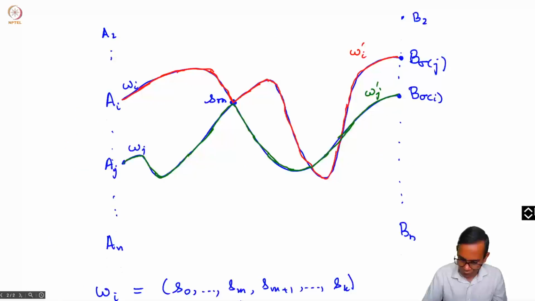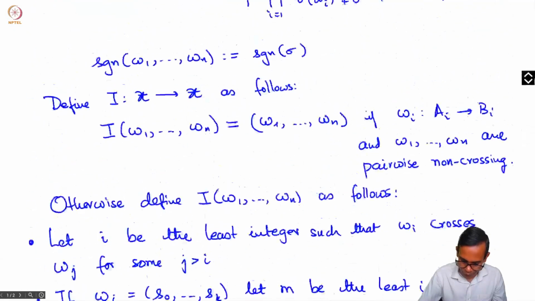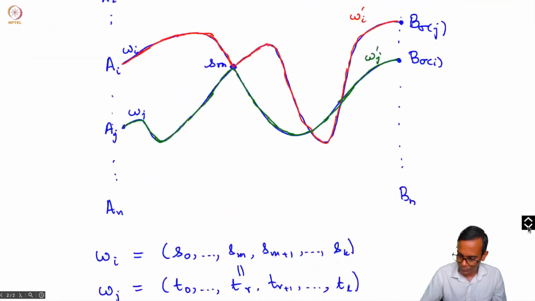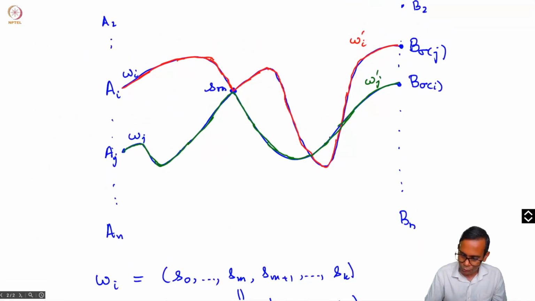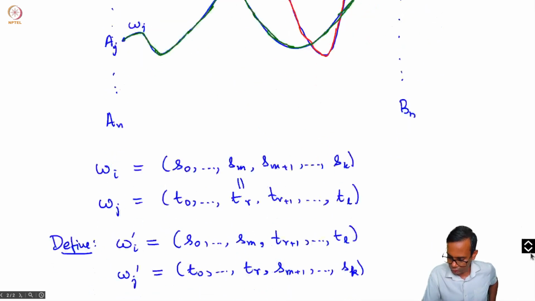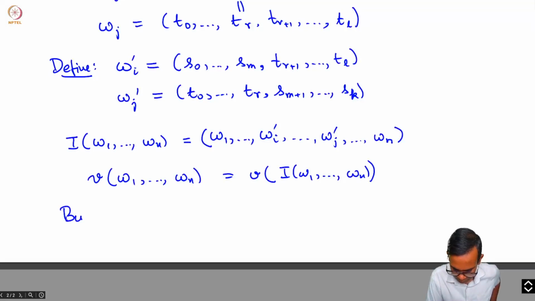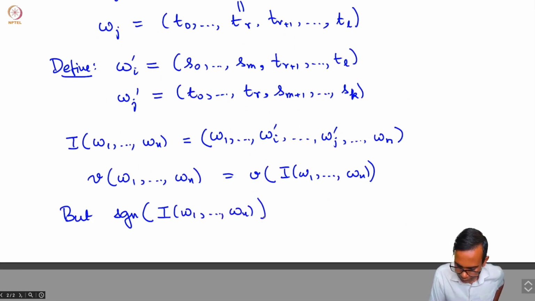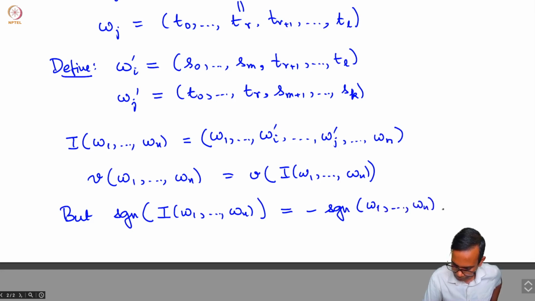However, we've defined the sign of omega 1 up to omega n to be the sign of sigma. Now what happens is that the permutation associated to I of omega 1 up to omega n is the permutation associated to omega 1 up to omega n with b sigma I and b sigma j interchanged. So what we have is that the sign of I of omega 1 up to omega n is equal to minus the sign of omega 1 up to omega n.